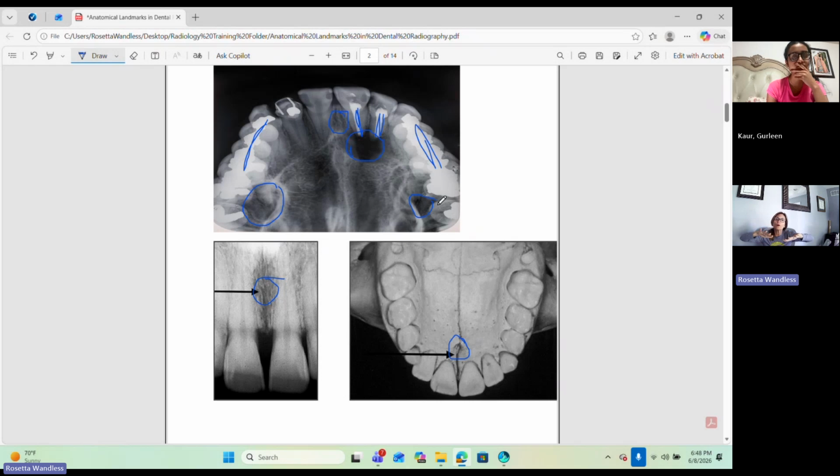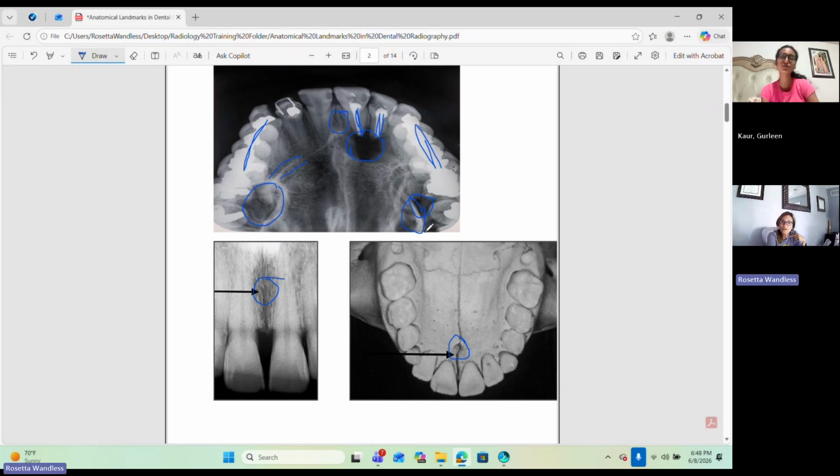That's the floor of the sinus. Do you see these white areas right here? The radiopaque, that's the thicker bone. That's the floor. It's just heavier there. Do you see this big white hook? That's the cheekbone.